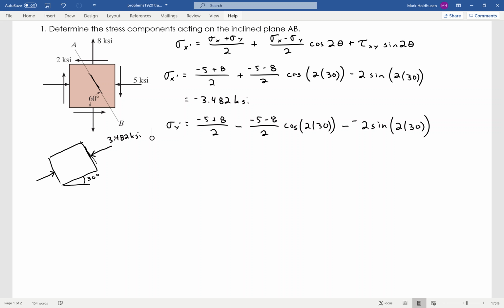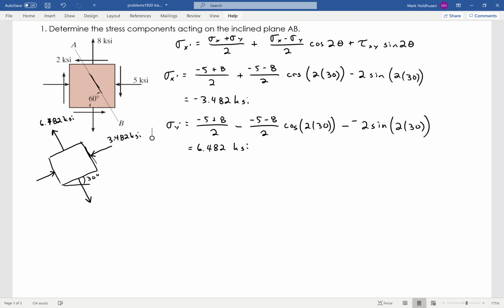So in that new y prime direction, I get 6.482 KSI. I would draw that. It's positive, so it's going to be out in tension like so, and it's going to be 6.482 KSI like that.